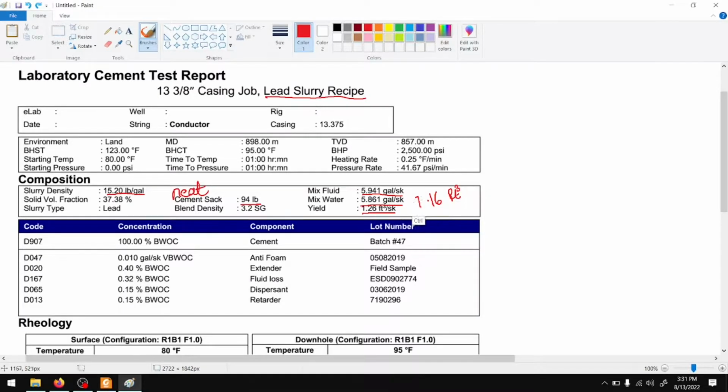Anyhow, that's the important data, and the lot numbers we'll get back to later after doing our calculations. The starting point of any cementing calculation is that you need to know your volume.